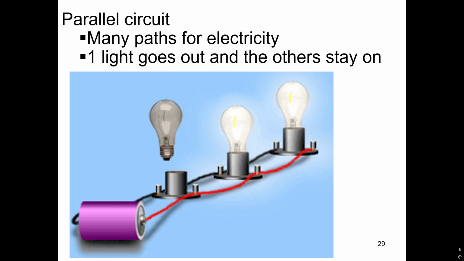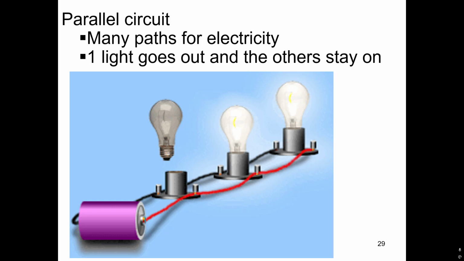Another simple circuit is the so-called parallel circuit. Here there are many paths for electricity. We connect the positive terminal of the battery to the positive terminal of all the three lamps, and the negative terminal to the negative terminal of all the three lamps. So we have three separate paths for the flow of electric current.